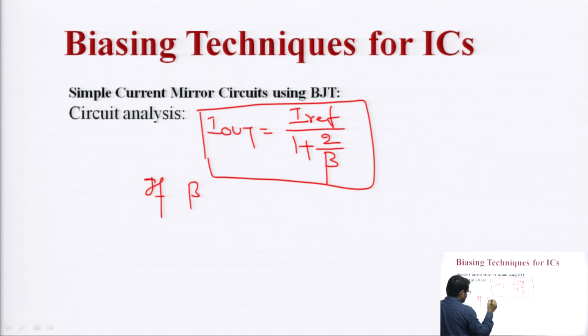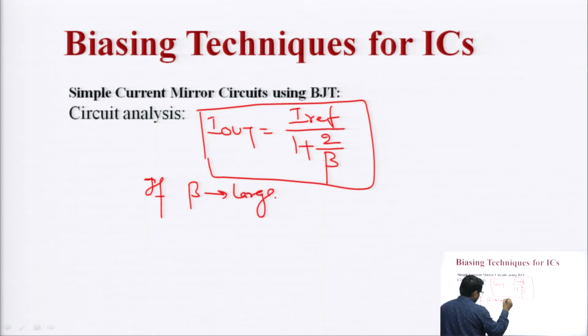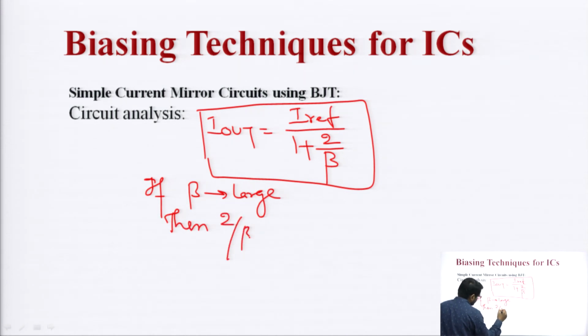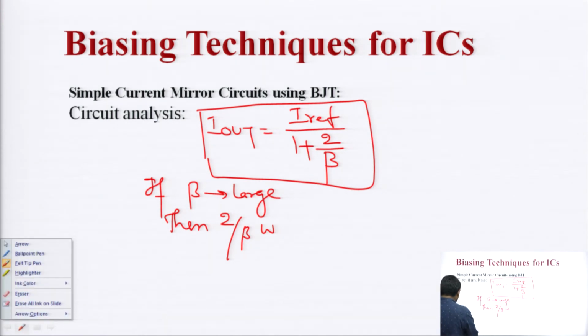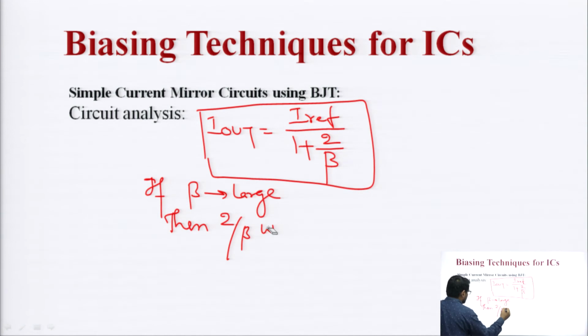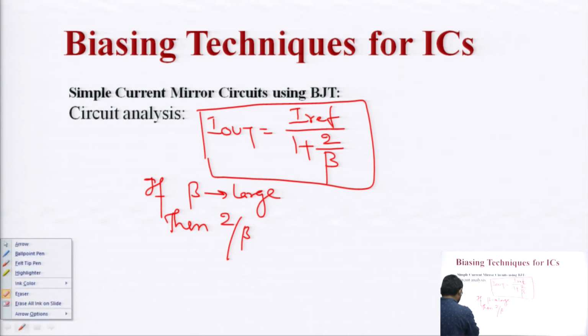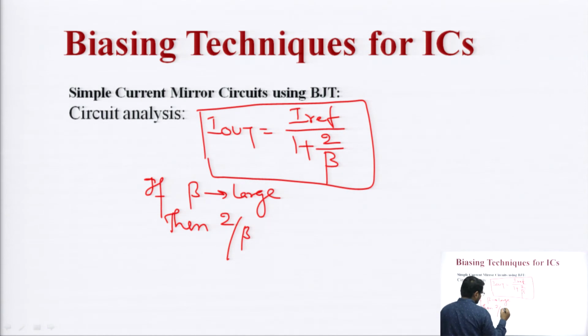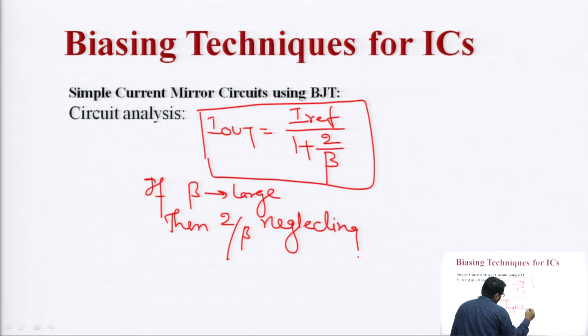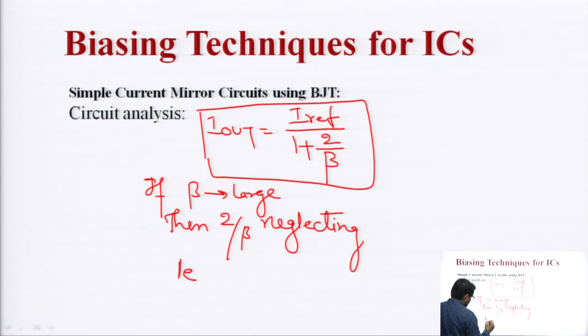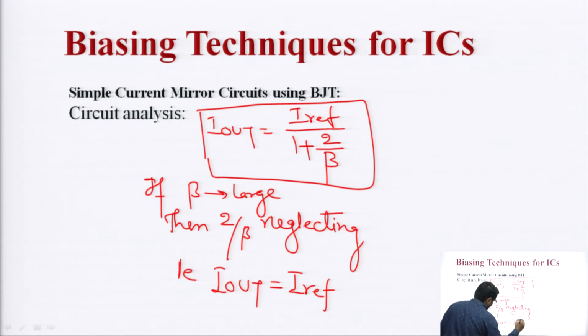If beta is large, then we neglect the 2 by beta, that is I out equal to I reference.